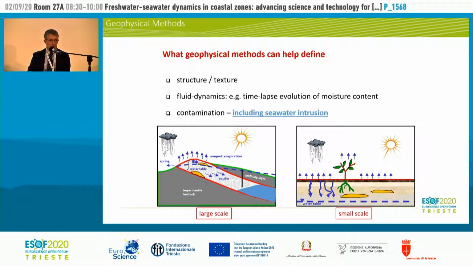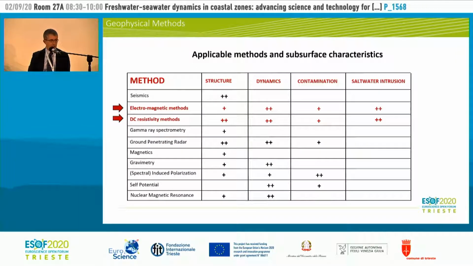In addition, you can also see effects of contamination. And in the context of this session, it is actually fairly easy to see seawater, freshwater interactions and seawater intrusion, because seawater is much more electrically conductive than freshwater. And I will show you very briefly a few examples. So we end up having some techniques that are extremely effective in this context.